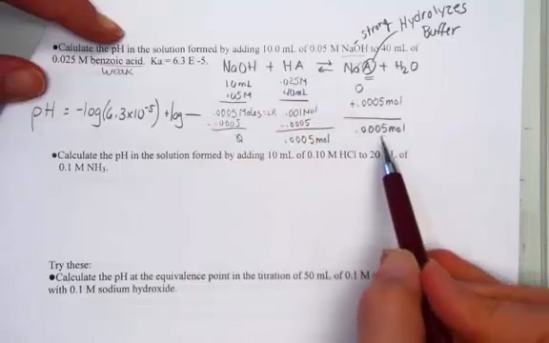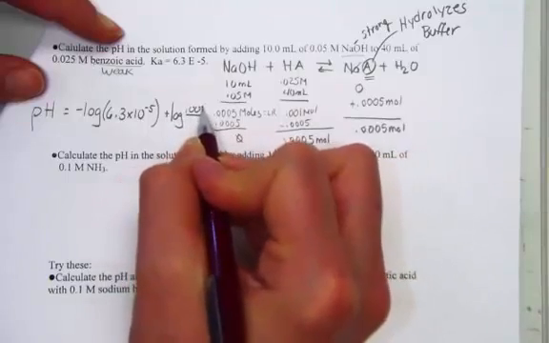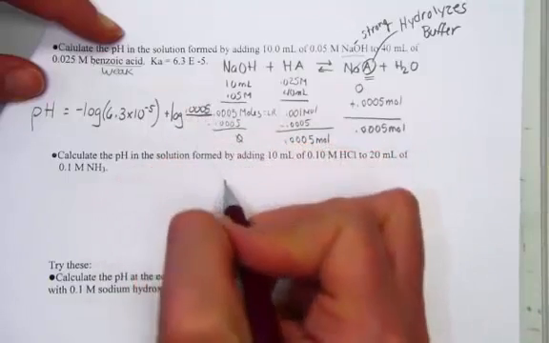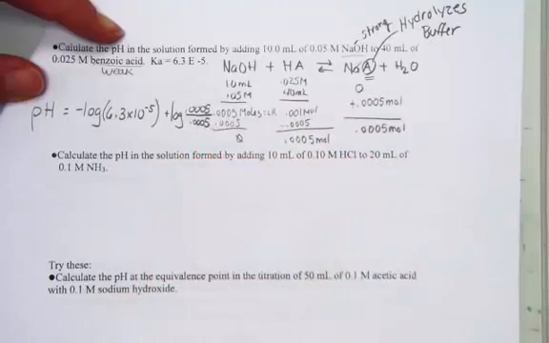Now what's happened here, we have the same number of moles of the base as we do the acid. 0.0005 moles of our base and 0.0005 moles of our acid.